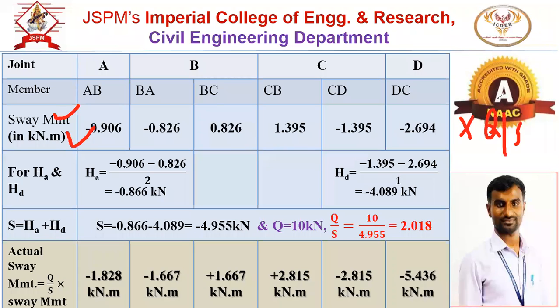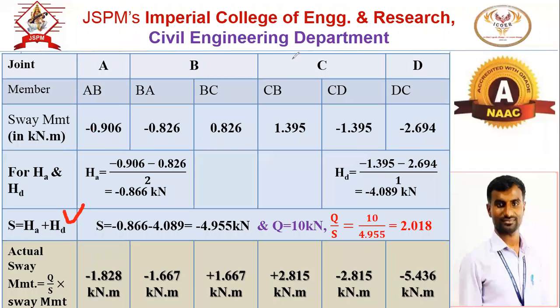Okay, Q we know, that is the actual sway force given in the numerical, that is 10 kilonewton. Next काय राहिलं, we have to find out S, the sway force, and that sway force is given by HA plus HD.